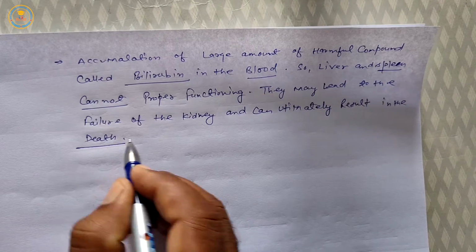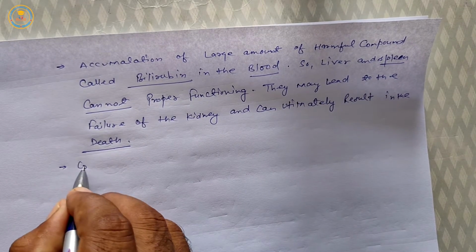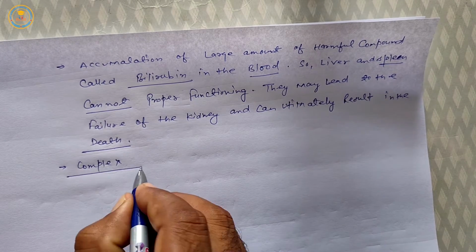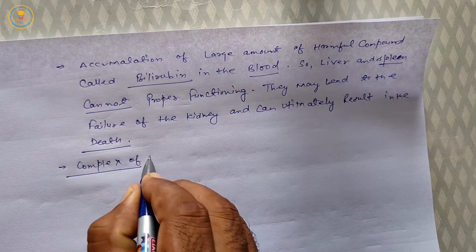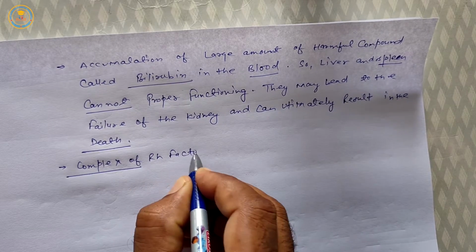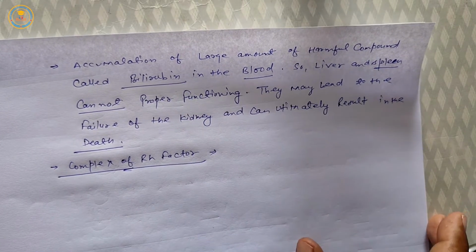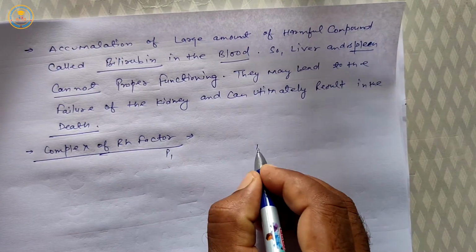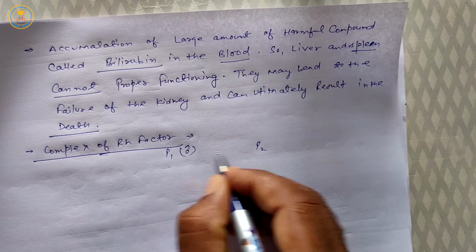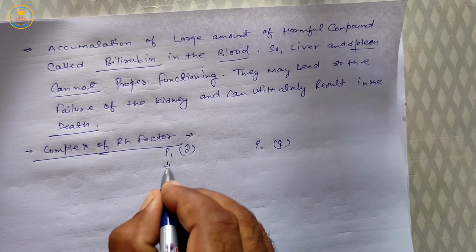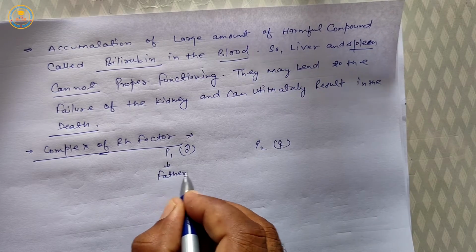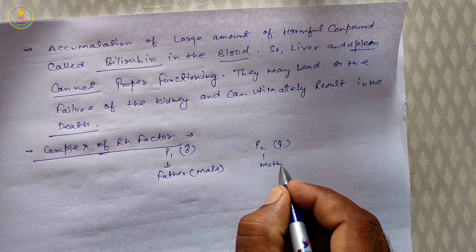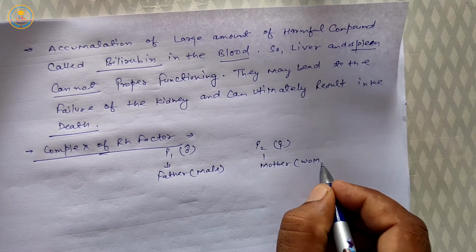Next, the second complication of the RH factor. Parent first is male, it means father. Parent second is mother, it means woman.